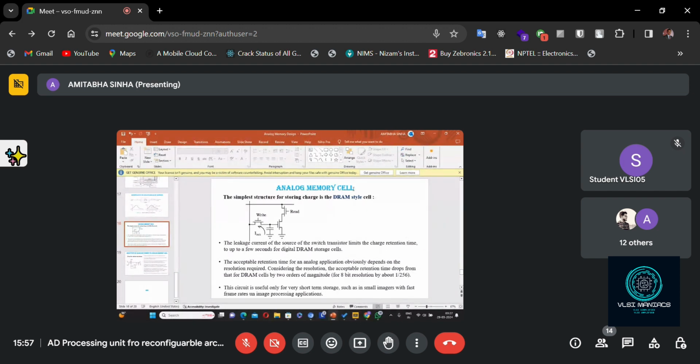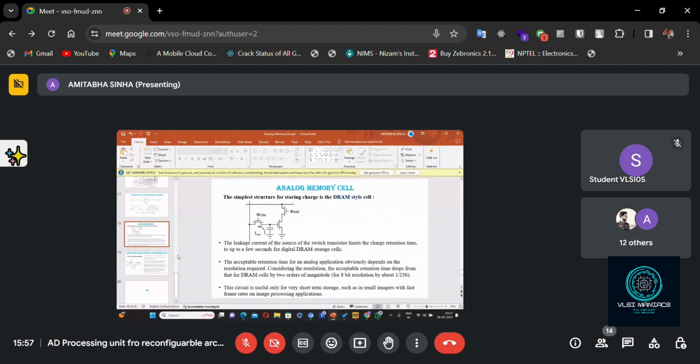For a feedback amplifier, if AFB is the gain with feedback, AFB equals A by 1 plus A beta, where A is the open loop gain and beta is the feedback factor. That means by doing a feedback, you can make a system stabilized. That is the basic fundamental principle of control systems.